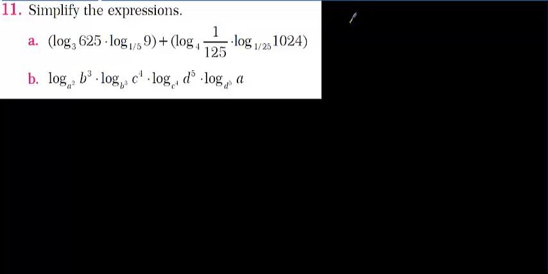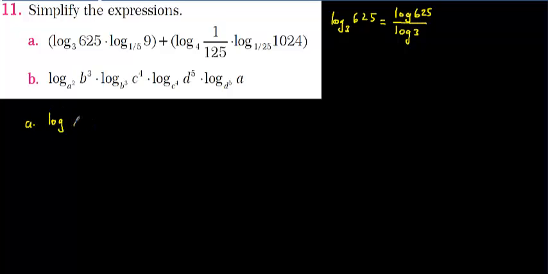So if I change the base, logarithm base 3 of 625 can be written with a different base. This base can be 10: logarithm base 10 of 625 over logarithm base 10 of 3. So these numbers are going to simplify each other.